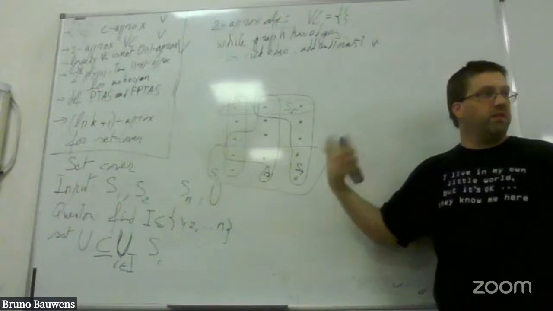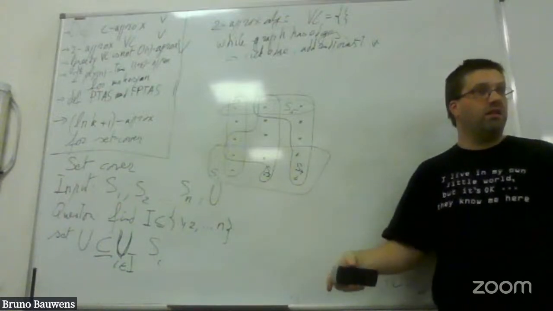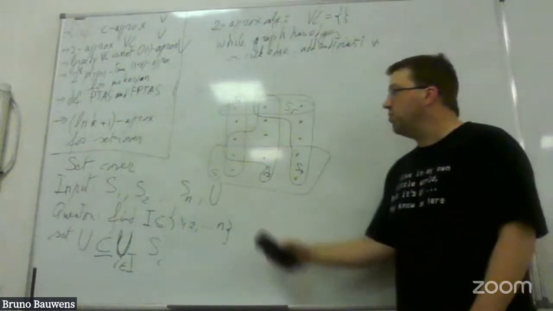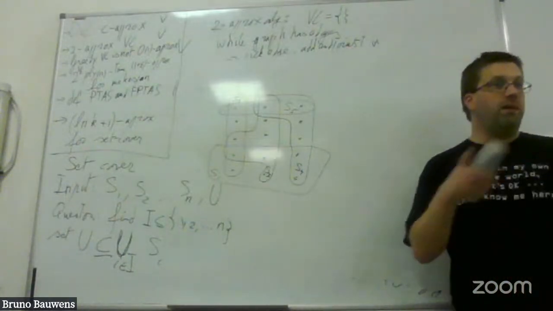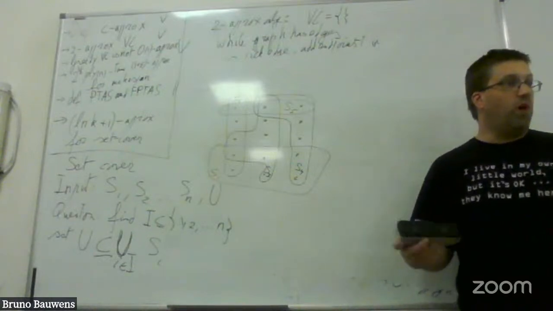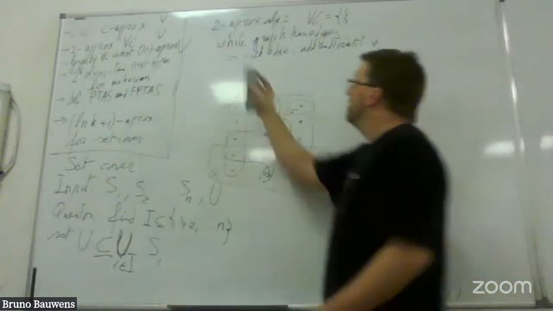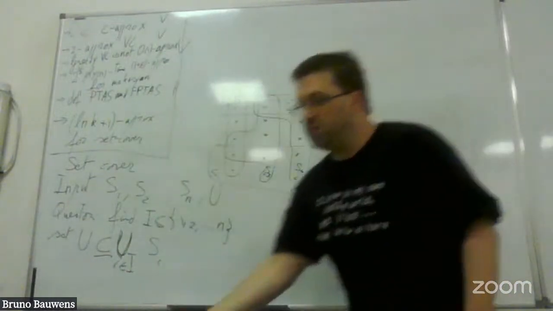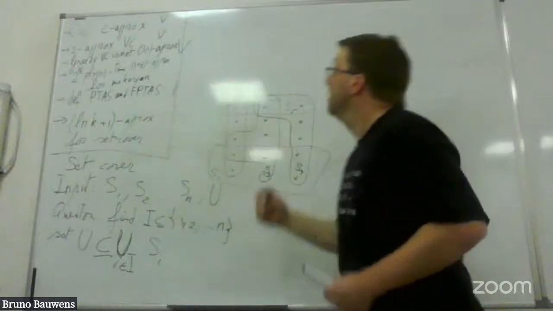Then repeat until no elements are left. We will prove that the greedy algorithm at each step decreases the number of elements by at least a factor 1 minus 1 over k. I'm not going to write the greedy algorithm because it's very similar to greedy vertex cover.